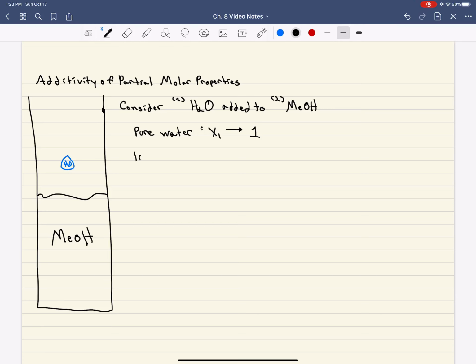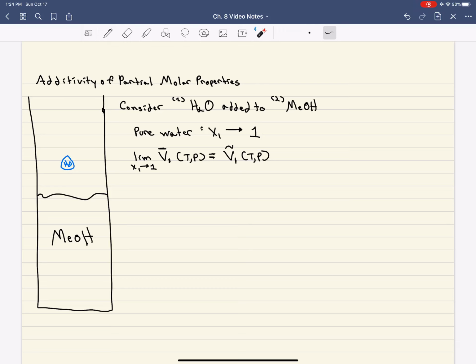And so if we take a look at the limit of our partial molar quantity for species 1, for water, as x goes to 1, so at some temperature and pressure, what we should get is just the molar volume of pure water at that same temperature and pressure, right?